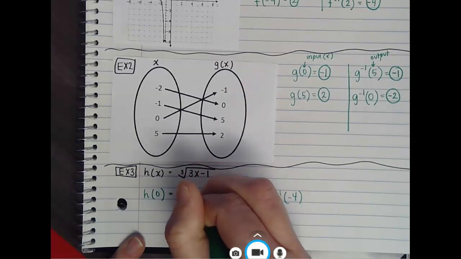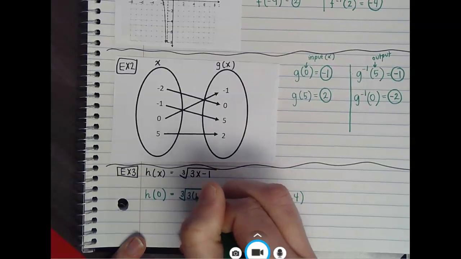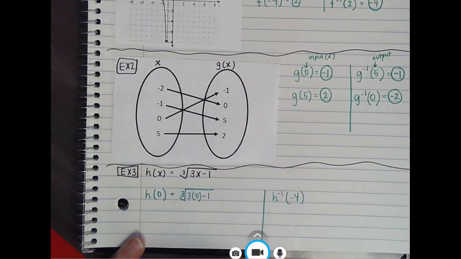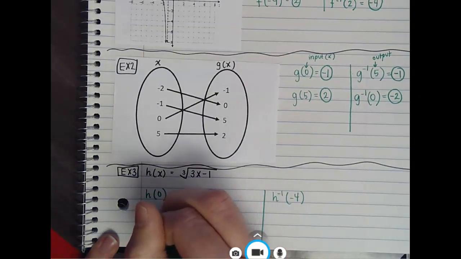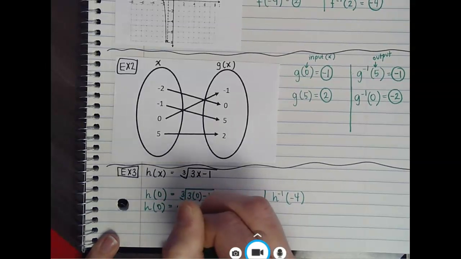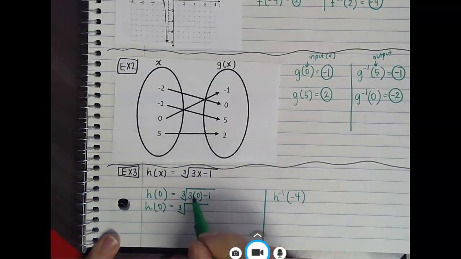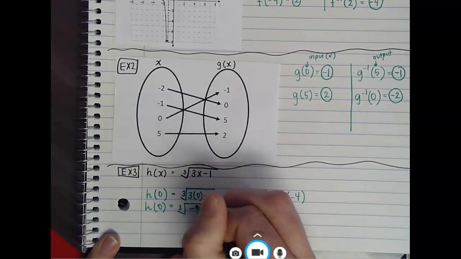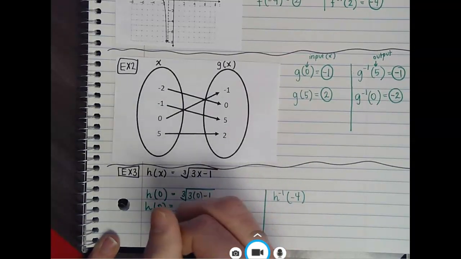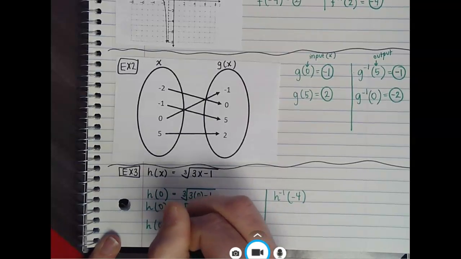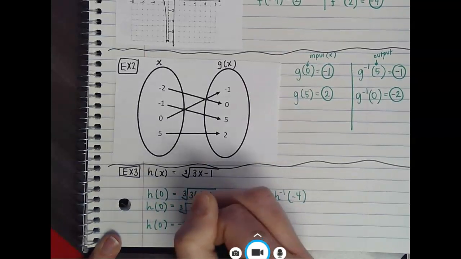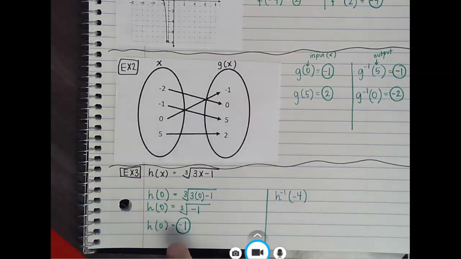I'm going to take the cubed root of 3 times 0 minus 1. So h of 0 equals the cubed root of 0 minus 1, -1. And we know the cubed root of -1 is -1, because -1 times -1 times -1 equals -1.